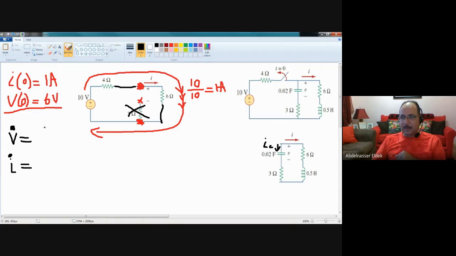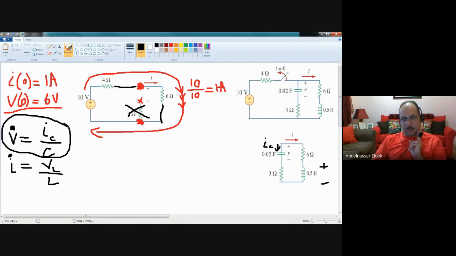It is IC divided by C. And for I dot, the derivative of the current in the inductor, it is the voltage VL divided by L. So this is the voltage across the capacitor derivative, and this is the derivative of the current in the inductor.